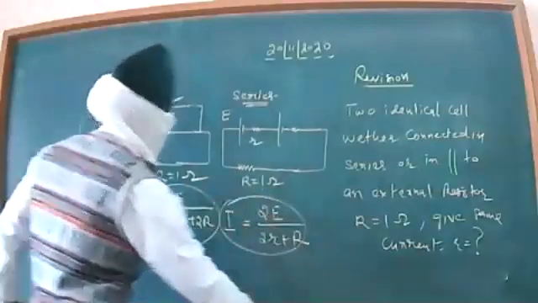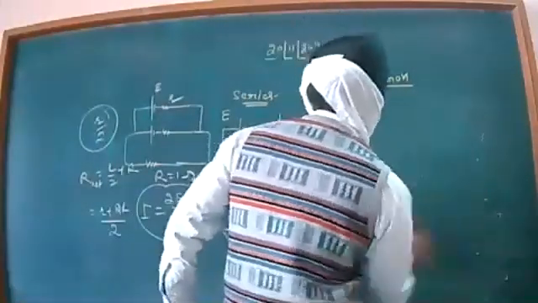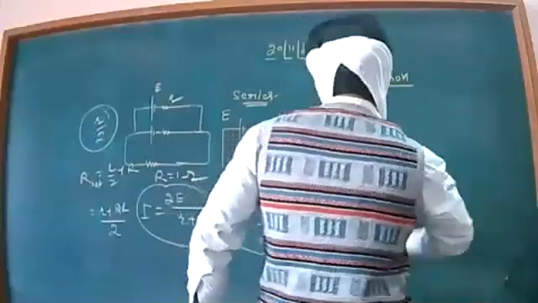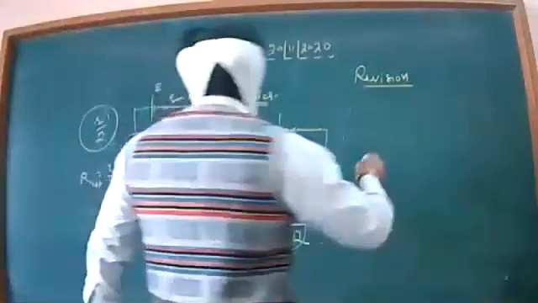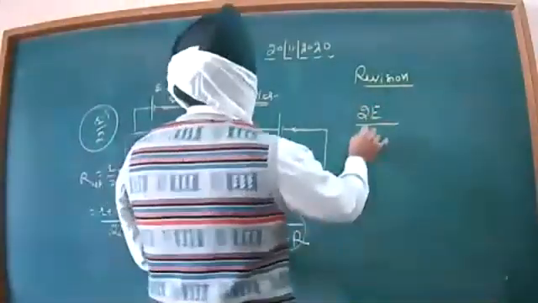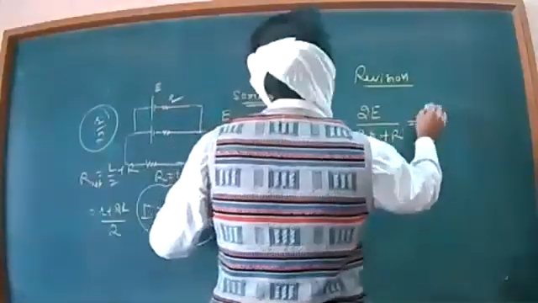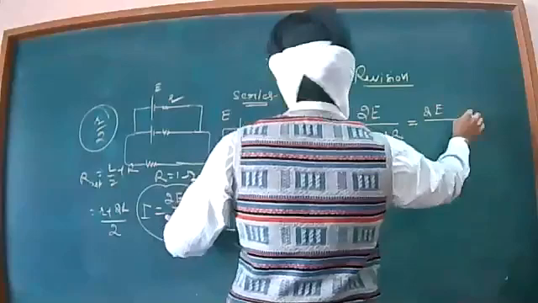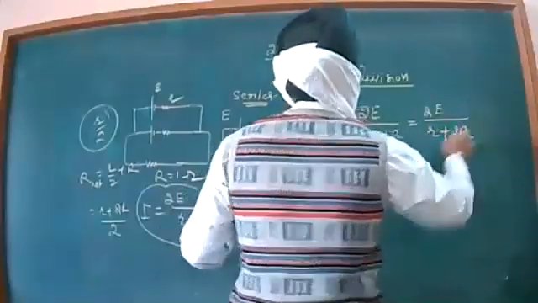Because the currents are given to be the same, I will just equate these two terms. I will have 2E for the series combination upon 2r plus capital R, equal to 2E for the parallel combination upon r plus 2R.